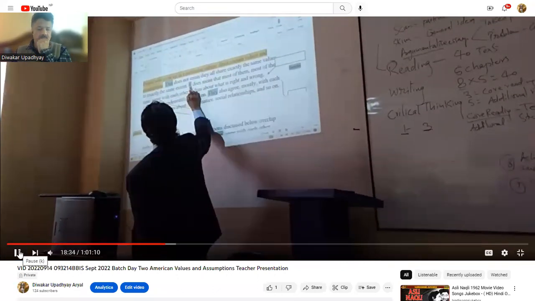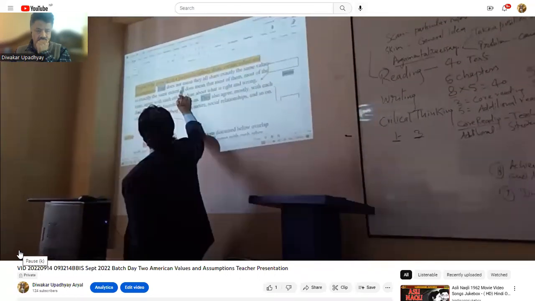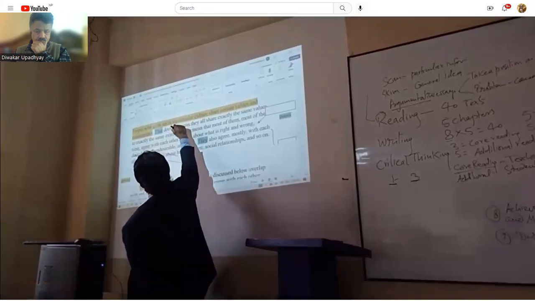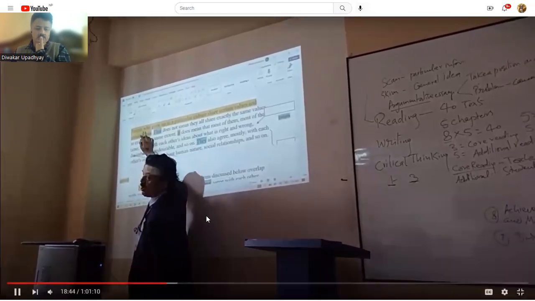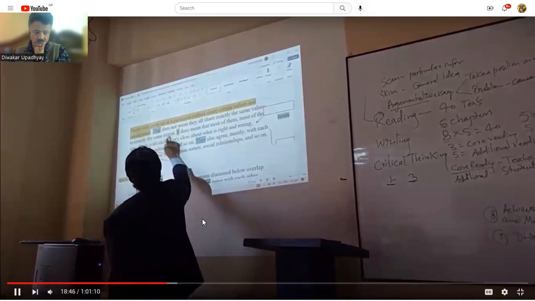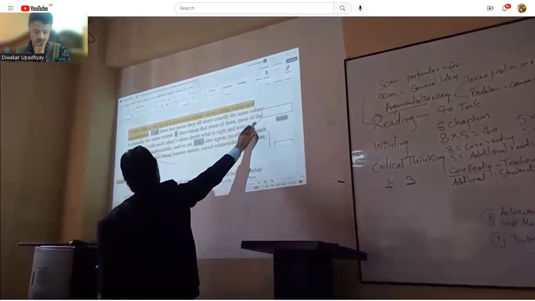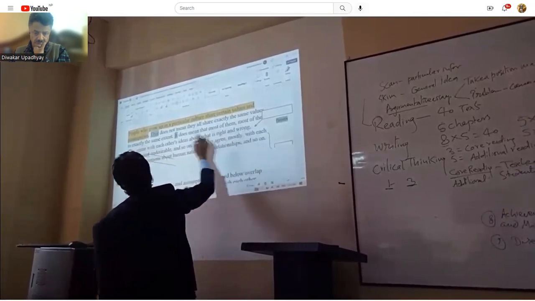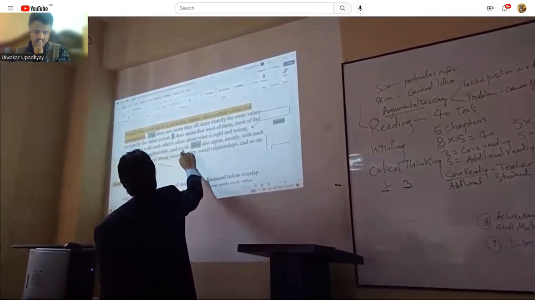So it means sentence 1. And to understand what this pronoun refers to, you must recall this sentence, right? It does mean that most of the time they agree with each other's ideas about what is right and wrong, desirable and undesirable, and so on.